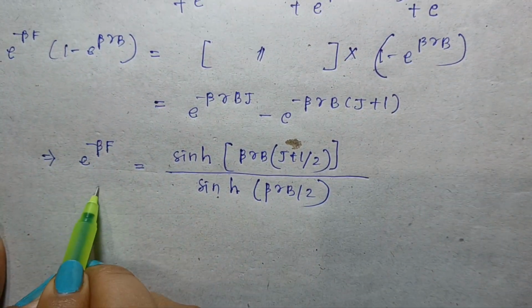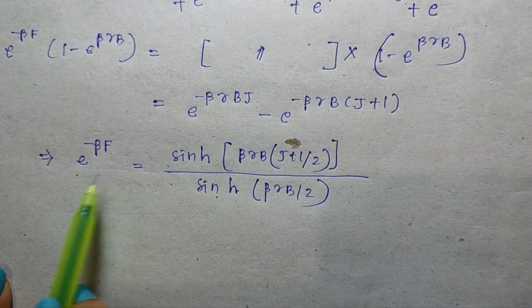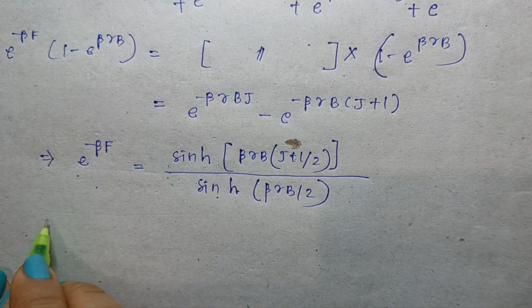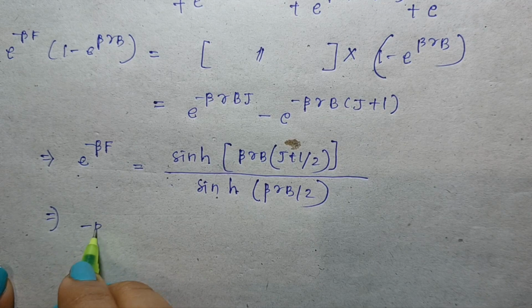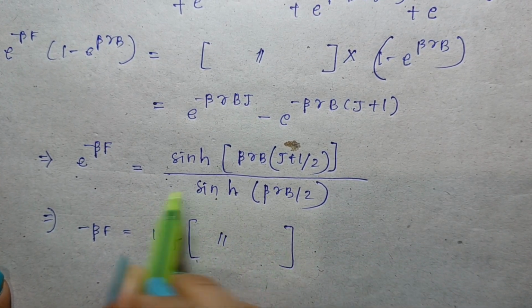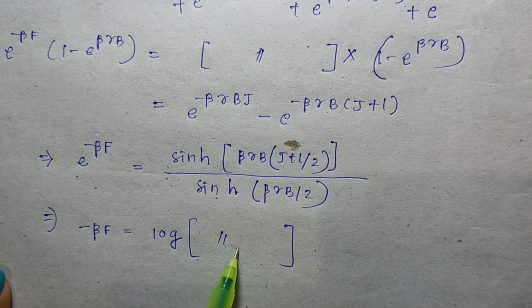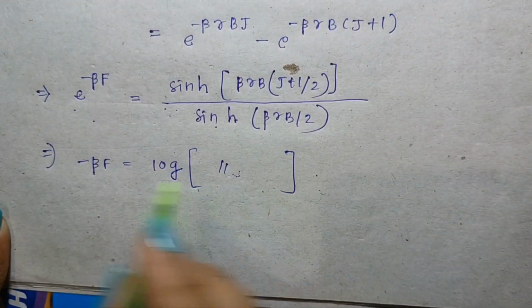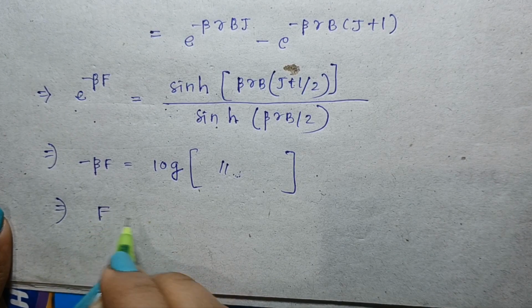From this equation, if I take the log, it will be minus beta F equal to the log of this whole thing, which you have to write in this bracket. And what is the value of F?